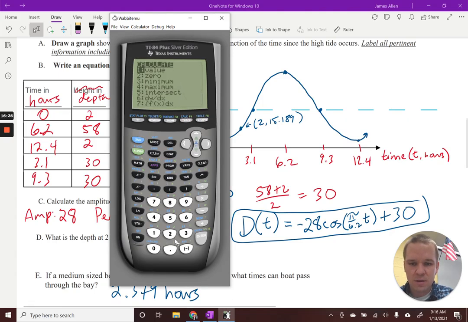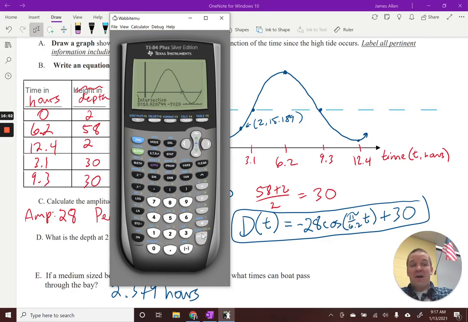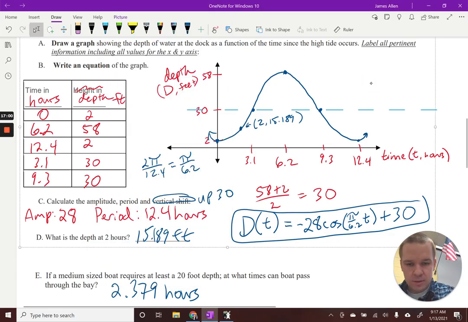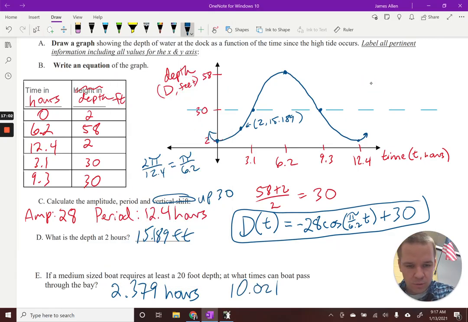Second calc, intersect. And then I just want to make sure I'm on that curve. I'll show you what I mean. If I hit enter, but then I just arrow over closer to this one, it's going to select that one. Be hilarious if it didn't. It looked like I wouldn't know what I was talking about. So I've got 10.021 after I round. 10.021 hours.